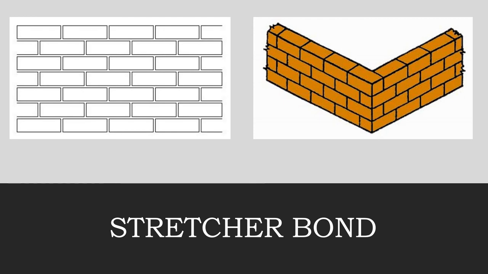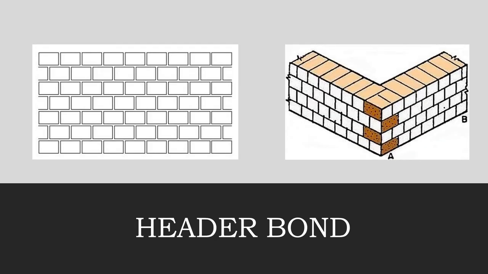The next is the header bond, just like the stretcher bond. Instead of stretchers, you put headers. And at the joint point, instead of rotating the brick by 90 degrees, you put a three-quarter bat, which makes a discontinuous joint, and the wall stands perfectly.